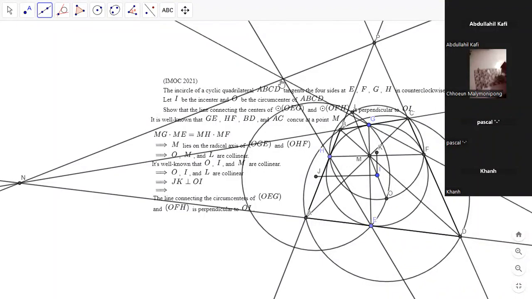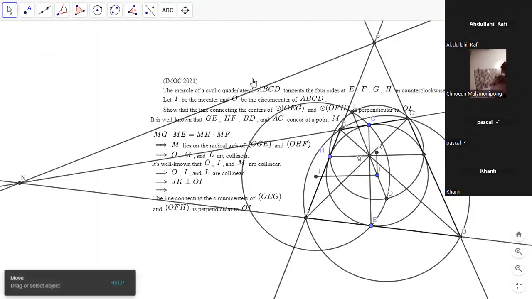So EF and GH meet on that, and GH and EF also meet on that. Why is that? Is that just Pascal's theorem? I thought it might be Pascal's. This is interesting.